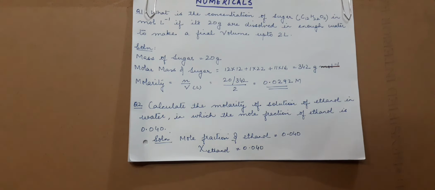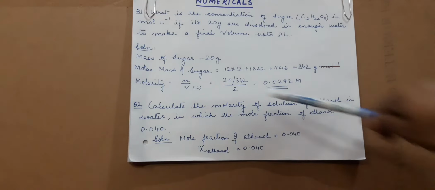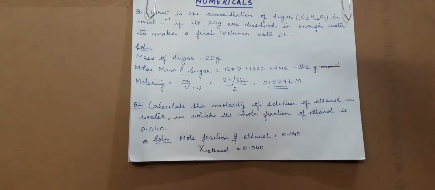Okay, next we have another question. Second question: calculate the molarity of a solution of ethanol, also called ethyl alcohol, in water, in which the mole fraction of ethanol is 0.040. Once again, calculate the molarity of a solution of ethanol in water, in which the mole fraction of ethanol is 0.040.